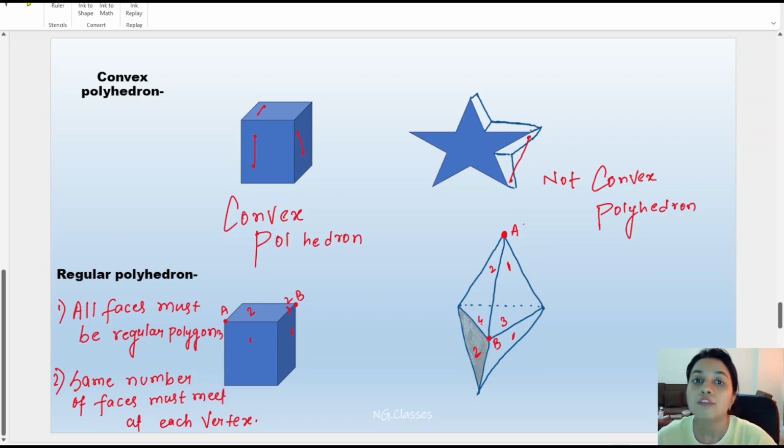So 4 faces are meeting with each other to make the vertex B. Please don't get confused. It's just a triangle. 3 triangles are on the top and 3 triangles are at the bottom. There is nothing in between. So the second condition is not getting fulfilled for the second figure. Hence we can say the second figure is not a regular polyhedron.